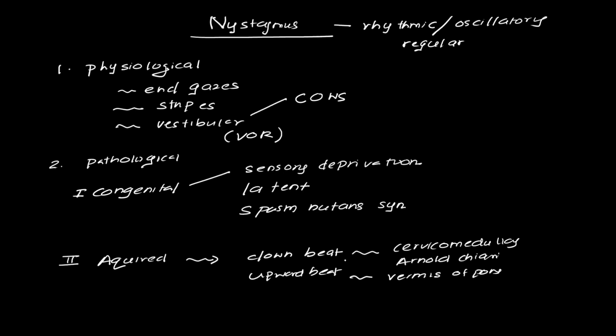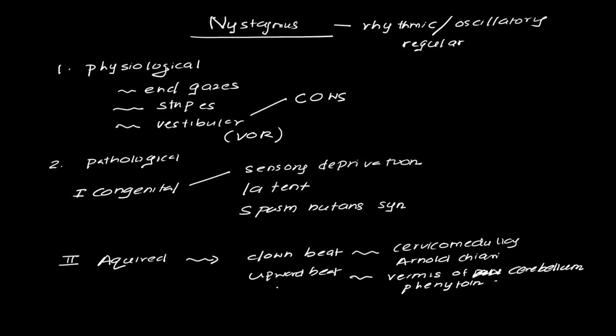So this is a problem in the vermis of the, not the pons, I'm sorry, it's the cerebellum, the vermis of the cerebellum. So upward beat. Apart from that, it can also be triggered by the administration of a certain medication called phenytoin. Not very keen on that, but still you should know this.